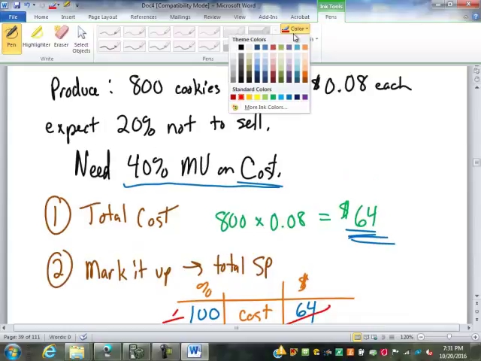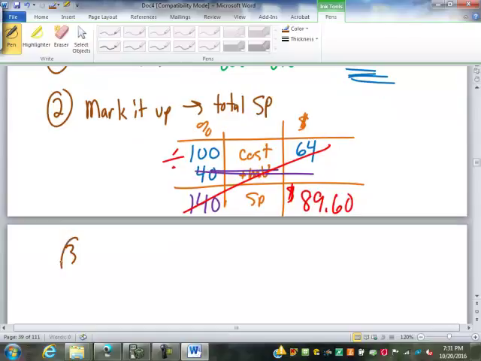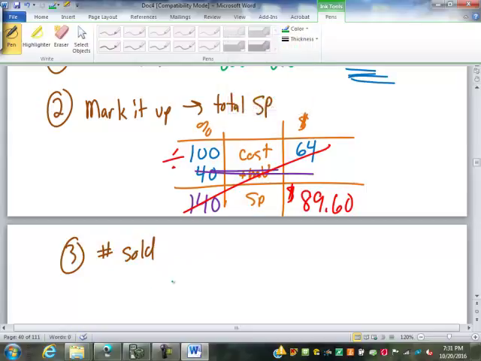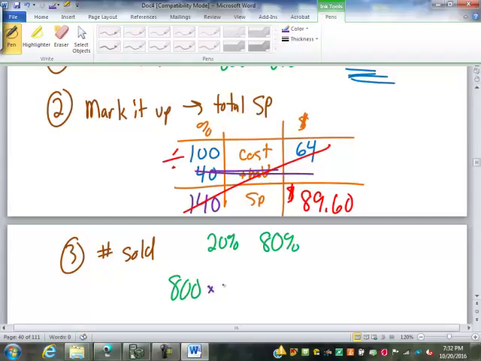What's step 3? Find out how many are sold. How many do we produce? 800. What percentage do we expect to not sell? 20% not sell. So what percent do we expect to sell? 80% do sell. So what are we going to do to the 800? Times 0.8 for 80%. So we're expecting 640 to be sold.